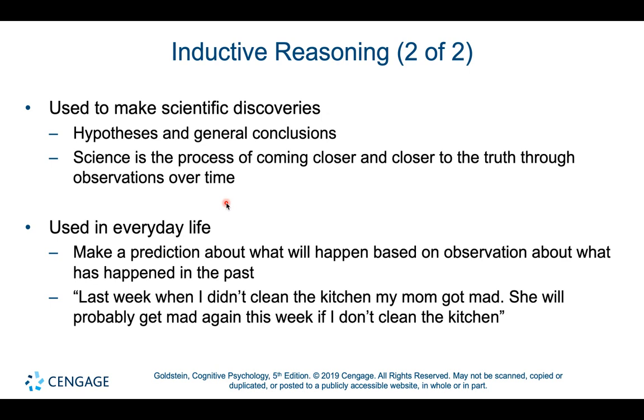So science does not make incontrovertible claims of the capital T truth. Science actually makes inductive reasoning probabilistic claims about what is most likely to be true. That is actually the way that science works.